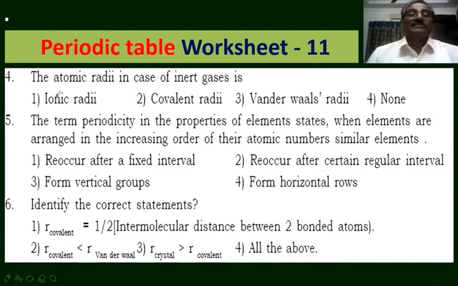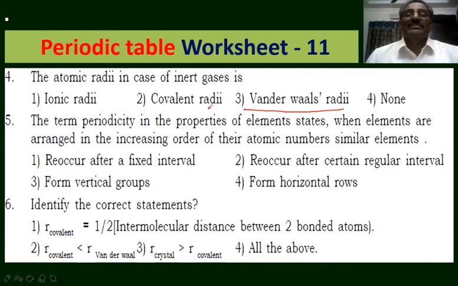Next, fourth question. The atomic radii in case of inert gases is, in the case of inert gases, the van der Waals radii are used. Inert gases do not participate in chemical bonding, so the ionic radii and covalent radii are not used for inert gases. The ionic radii or crystal radii are used for metals.